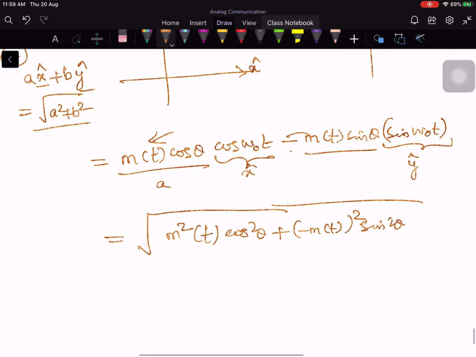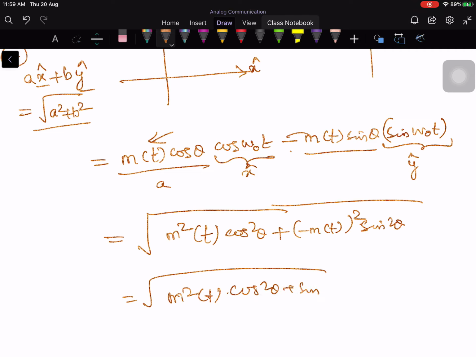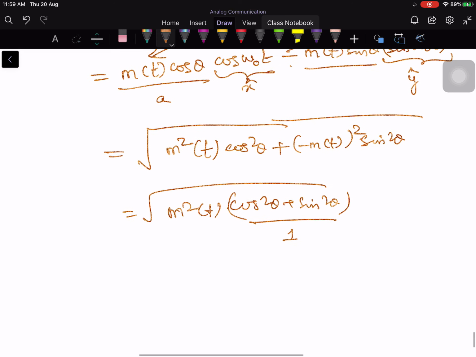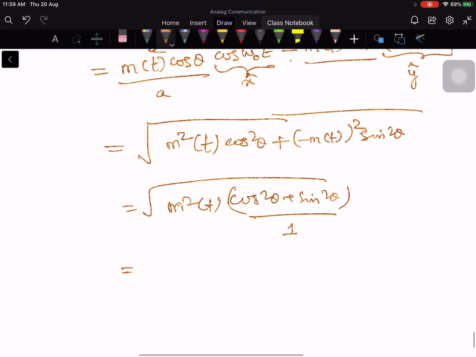Now this m square of t you can take commonly outside, m square of t times cos square theta plus sin square theta, this is equal to 1. Therefore the magnitude is going to be mod of m of t. So that is the instantaneous amplitude.